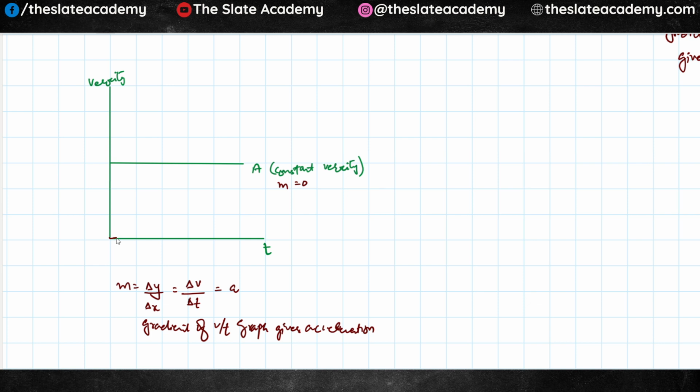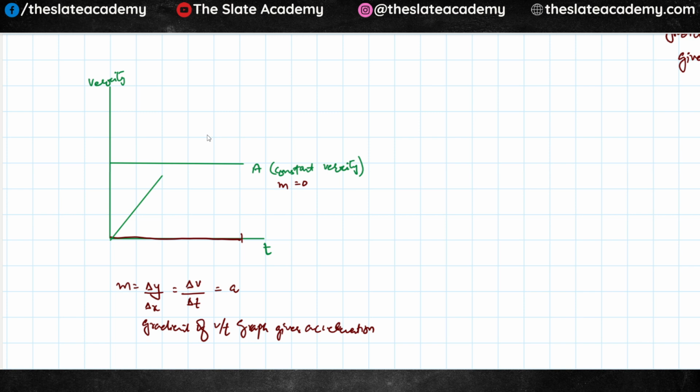All right, then the next thing is if I have a straight line like this, what can you tell me about the motion of this one? What about B? No velocity? Accelerating.